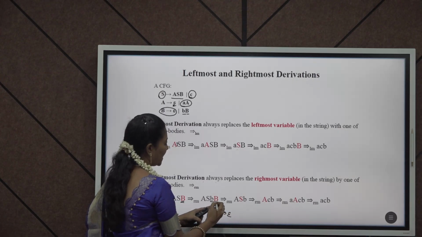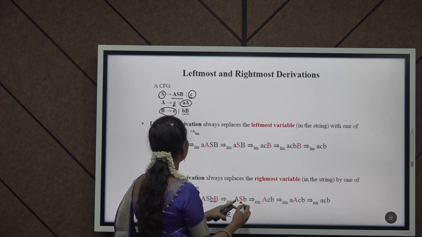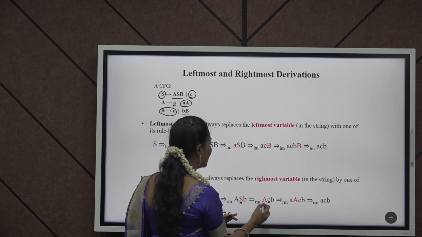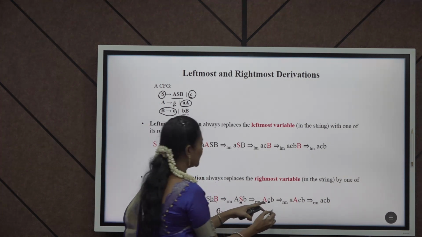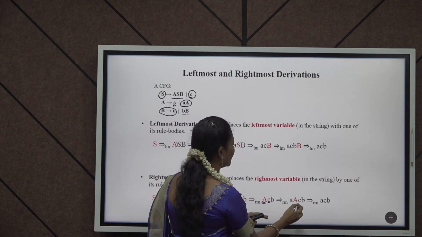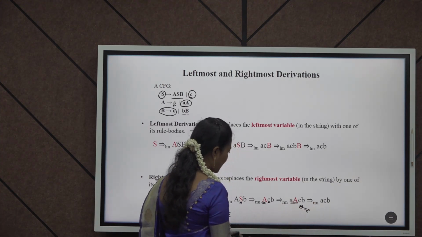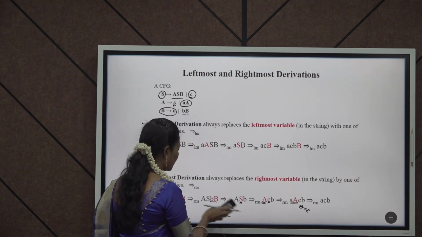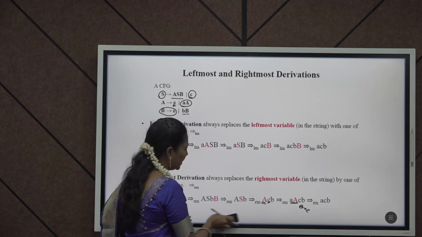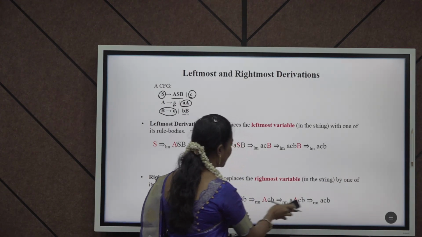So this is replaced here, and later we will get A B. Now S is replaced with C, and then again we have A. So A is replaced with small a capital A, and now A is replaced with epsilon, and we will get ACB. So here the rightmost variable is replaced in every sequence, and finally we will get this ACB.